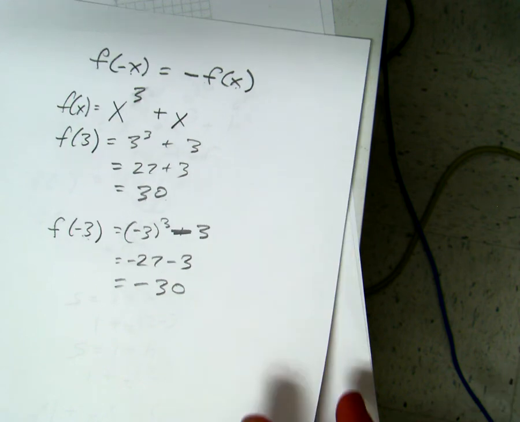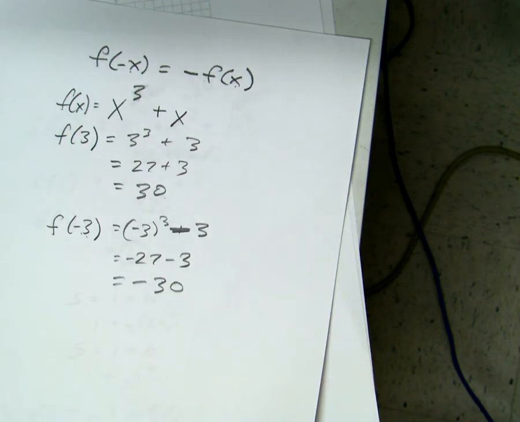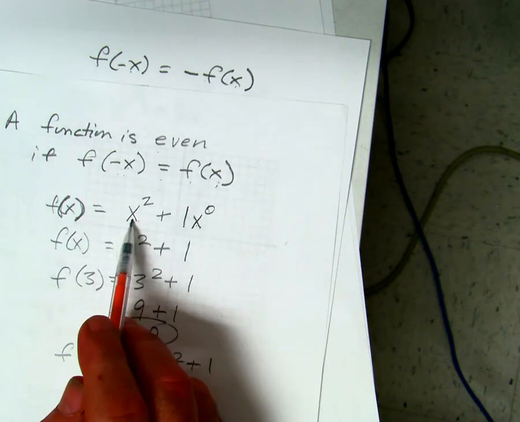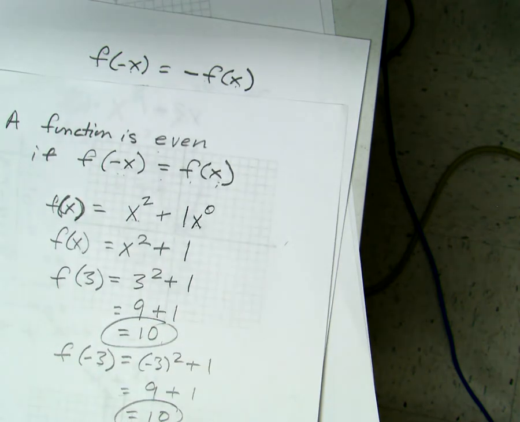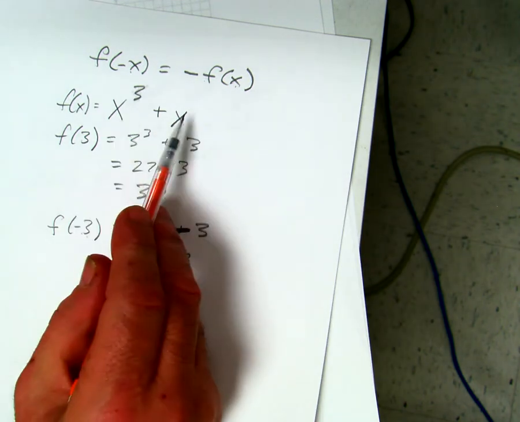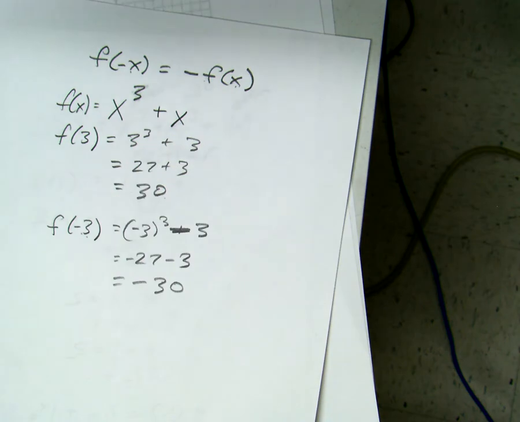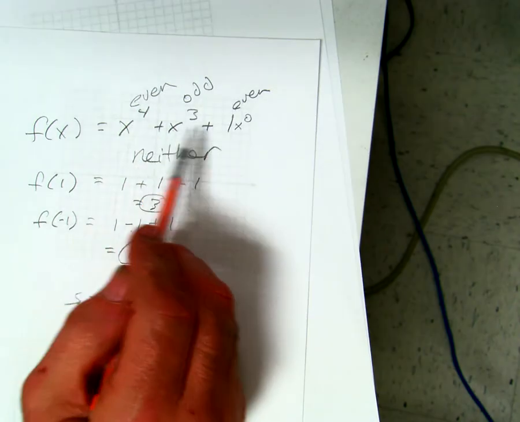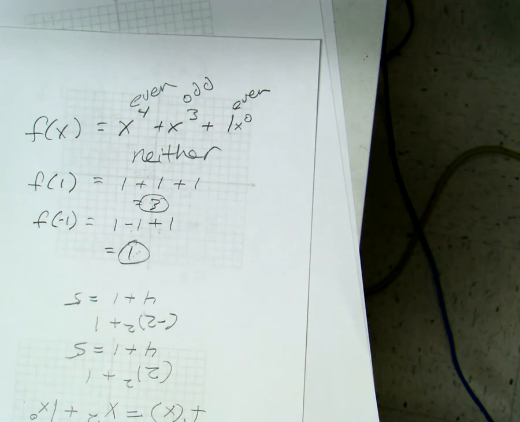And of course, the easy way to evaluate these for even, ask yourself, are all the terms even? If they are, the function's even. For odd, are all the terms odd? If they are, then the function's odd. If you have some mix of even and odd terms, the function is neither.